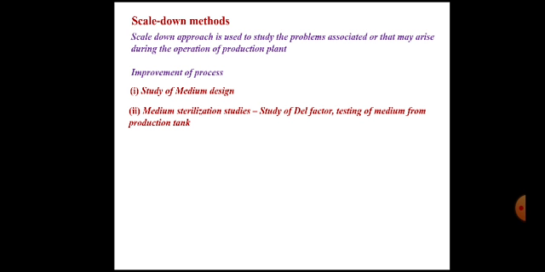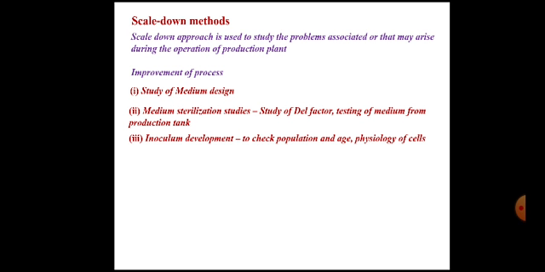There can be work on medium sterilization studies using small volumes of the medium. Study of del factor is possible. Testing of medium from the production plant is also possible. Inoculum development processes which are to be utilized on the production plant can be studied.